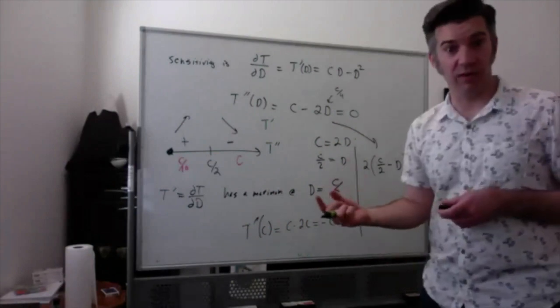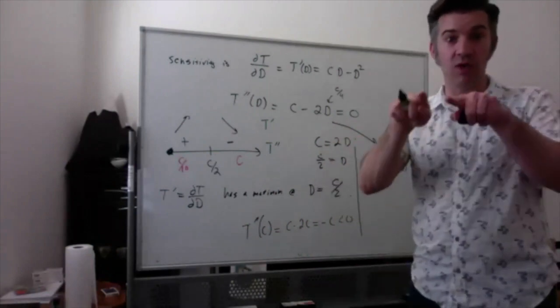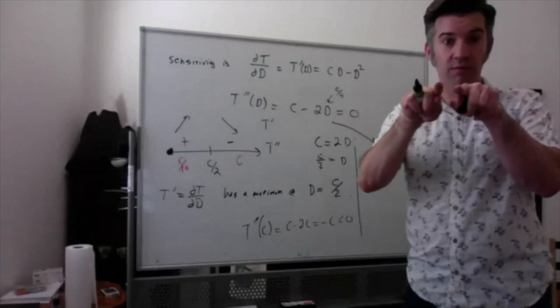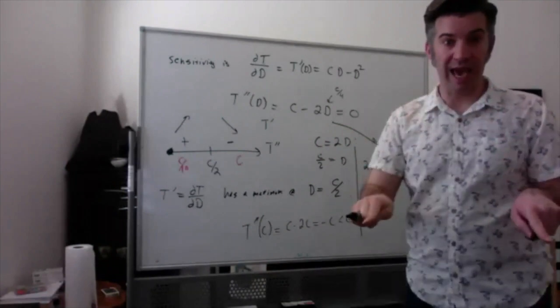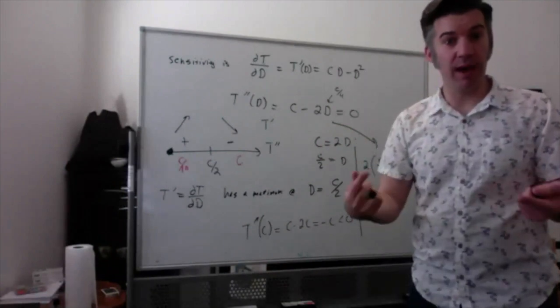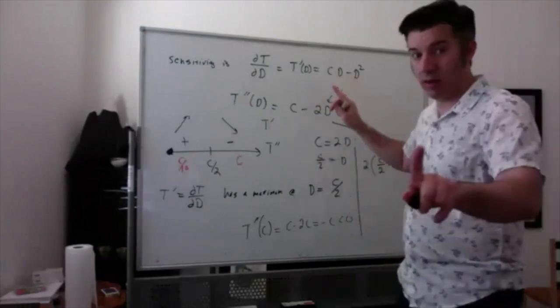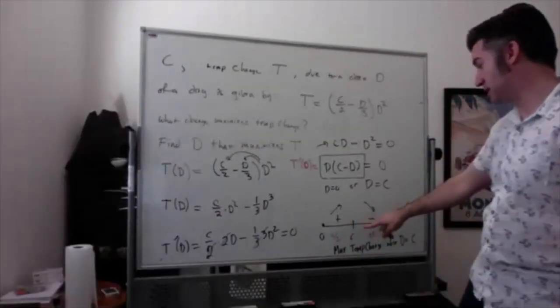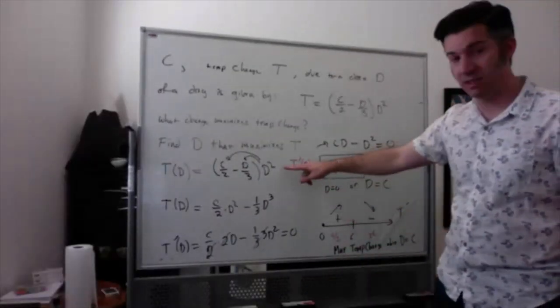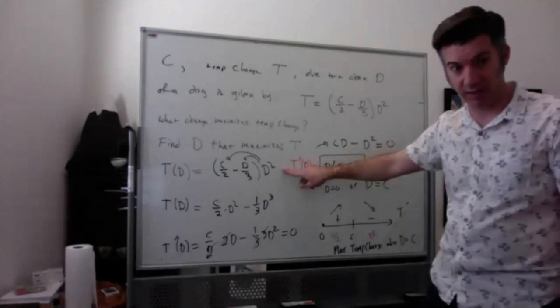Since the second derivative is negative, the function is concave down, which means it would be a maximum. So yes, you can say that C maximizes this function by the second derivative test.